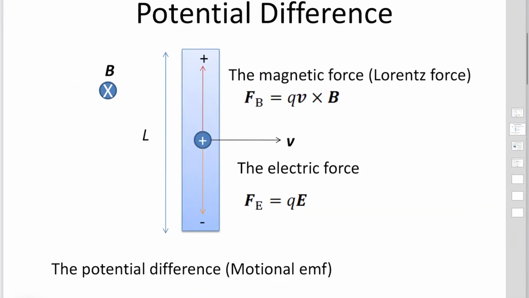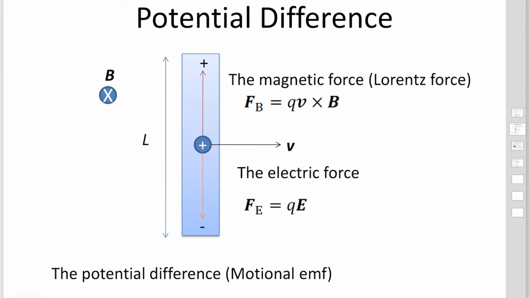Potential difference. As I explained, positive charges are accumulated at this end, and the negative charge is accumulated at the other end. So this produces the electric field in this direction.